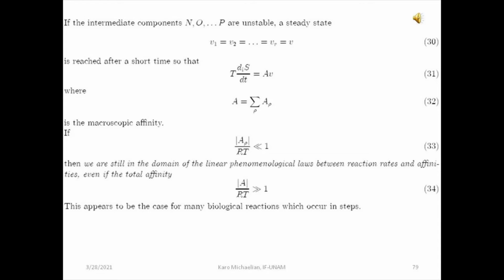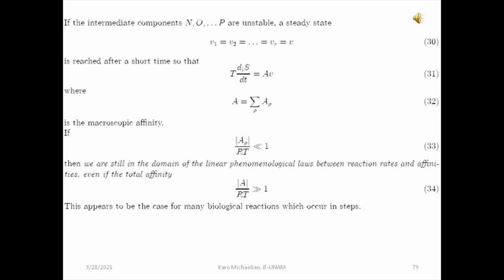So therefore if each of these individual affinities over RT is much less than 1, then we are still in the domain of the linear phenomenological laws, which are the laws between the reaction rates and the affinities, even if the total affinity is much greater than 1. The total affinity over RT is much greater than 1. And this in fact appears to be the case for many biological reactions which occur in steps.